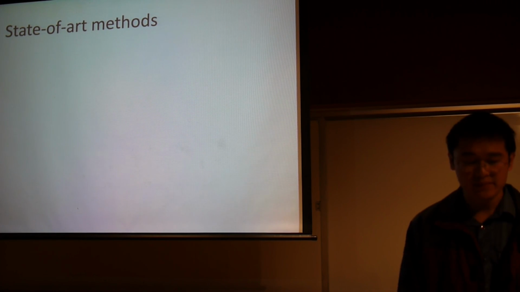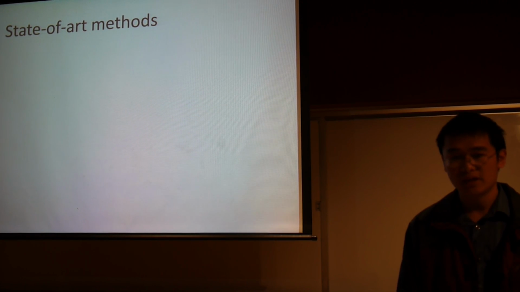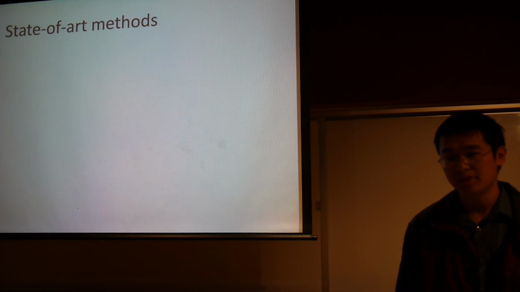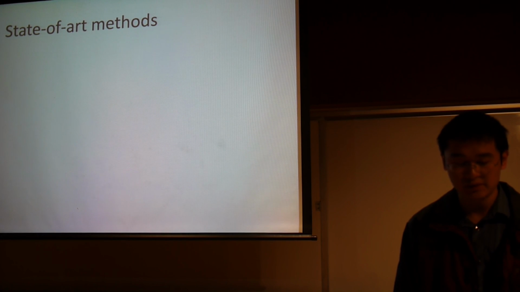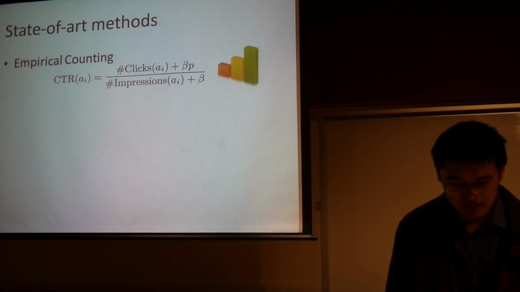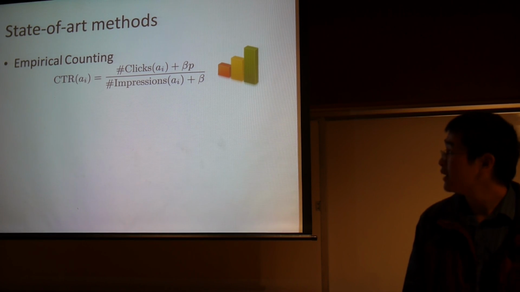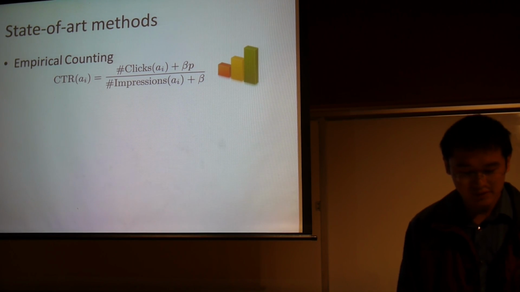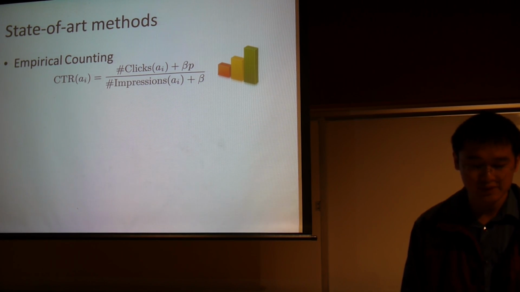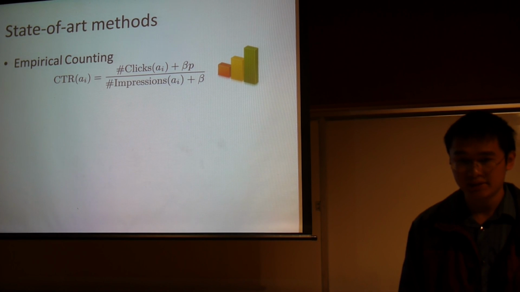As the first step of our effort, we surveyed the published literature, summarized it, and implemented some of the state-of-the-art approaches. The first and simplest one is the empirical counting approach, which means that we predict the CTR, where CTR is the abbreviation for click-through rate, of every ad as the empirical CTR in the training set.